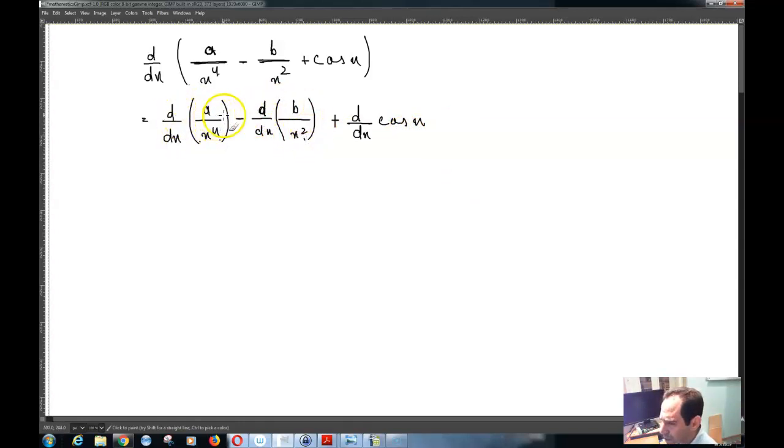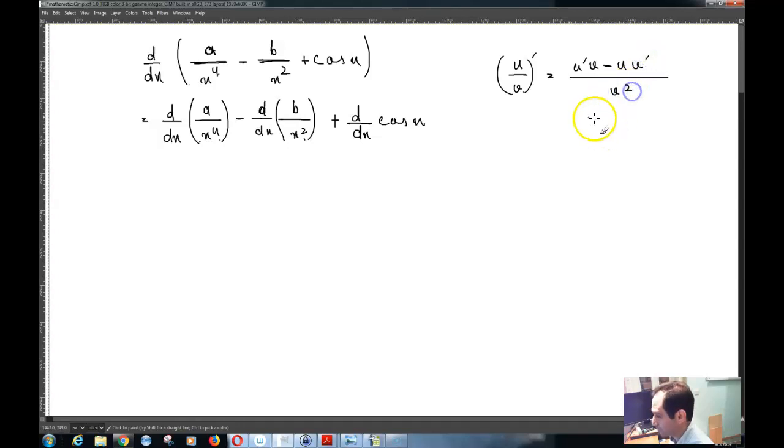Since a and b are constants, in the quotient rule we said that u divided by v, whole prime, is the same thing as u prime times v minus u v prime over v squared.